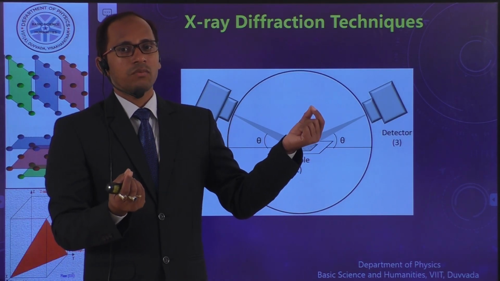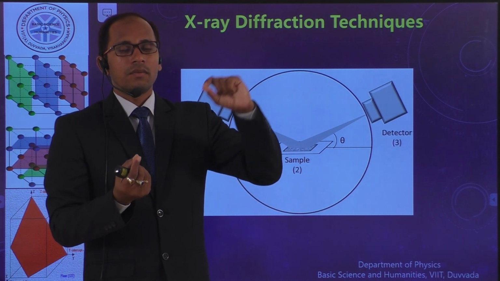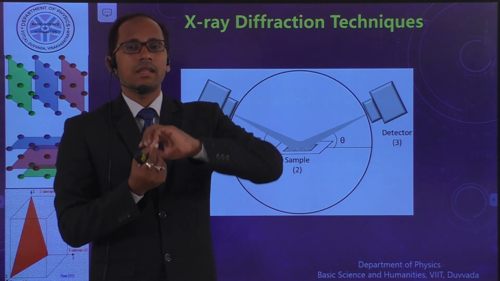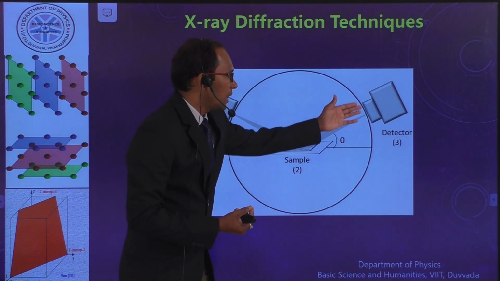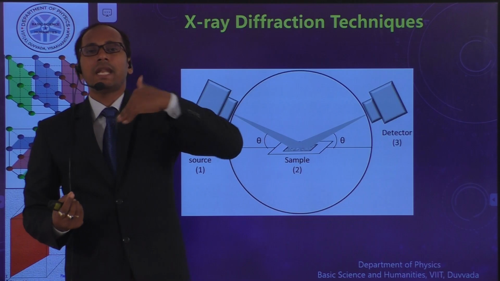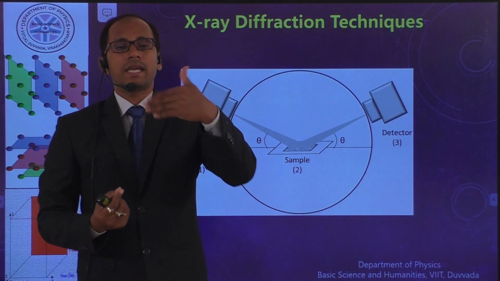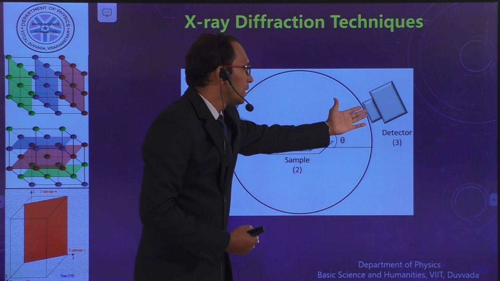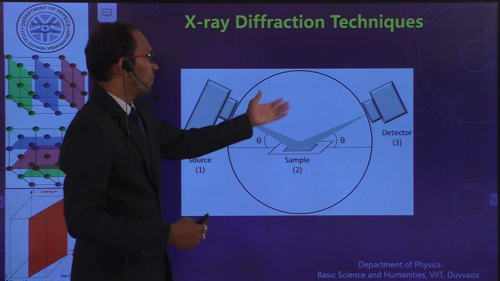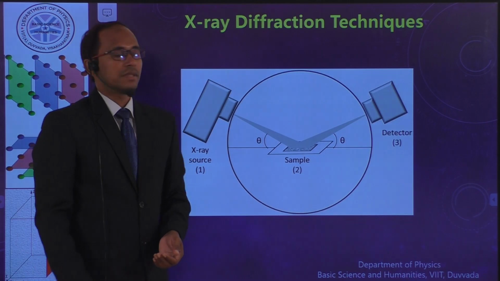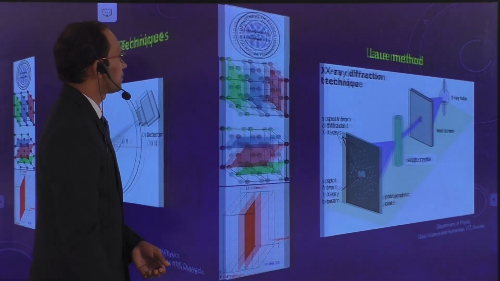X-ray means electromagnetic wave, and its electric field vector interacts with the electron. Then scattering takes place. The scattered rays are detected, that means how many rays are coming and at what angle. From that we can identify the diffraction pattern. This is the X-ray diffraction technique.